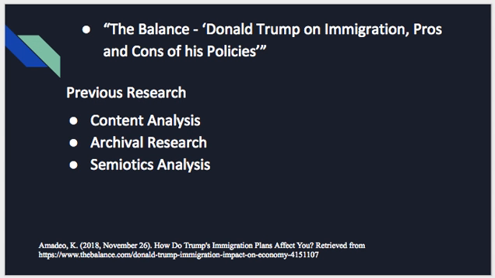The previous research that I found within this article was a bit of content analysis, archival research, and semiotic analysis, as this article explored six different policies that have been implemented or strengthened throughout his presidency, and how immigrants, both here legally and illegally, have been affected by it.